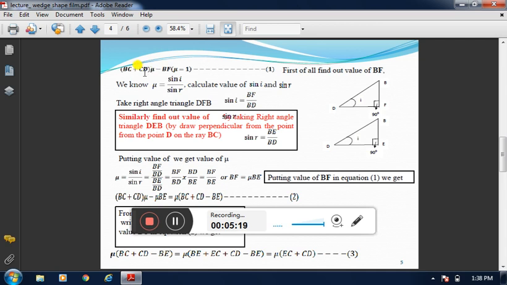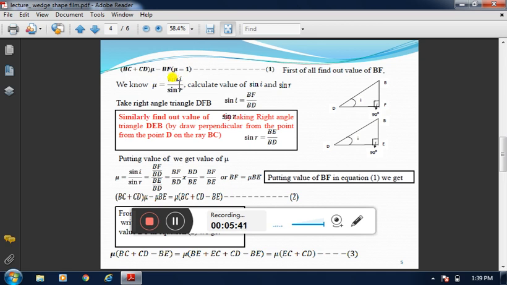We know mu is equal to the path in air by the path in medium, so the path is mu times BC plus CD, minus BF. Let us now calculate BC, CD and BF, and after that we calculate the path difference. Mu is equal to sin i by sin r.